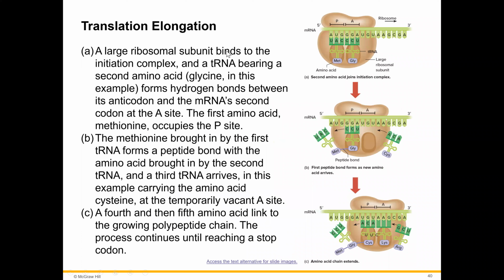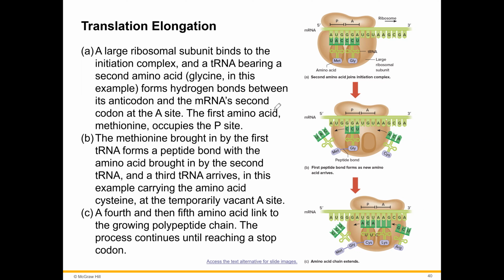After that, a large ribosomal subunit binds to this initiation complex, and a tRNA bearing a second amino acid, in this example glycine, forms hydrogen bonds between its anticodon and the messenger RNA's second codon at the A site. The first amino acid, methionine, occupies the P site.